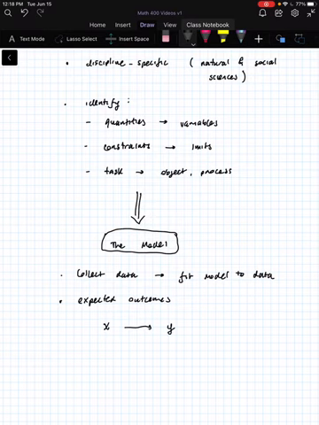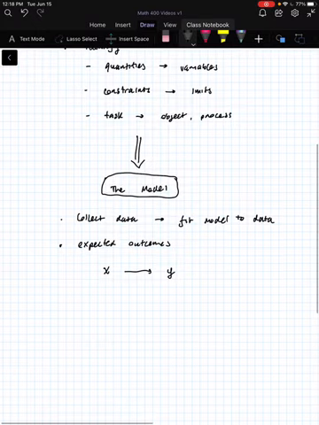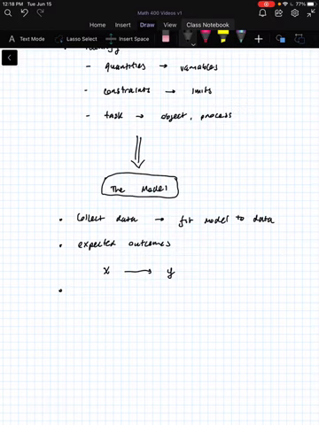So in goes some explanatory variable, out comes some dependent variable or response variable. Of course, we want to check that our constraints are met.